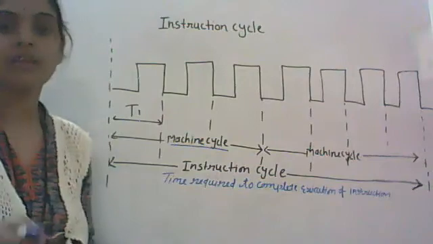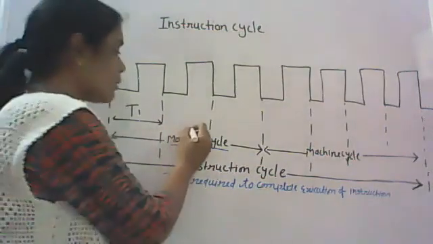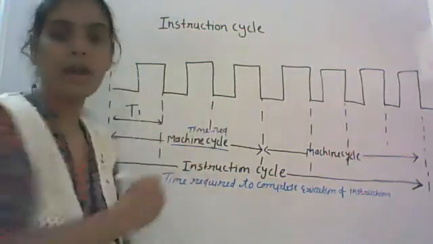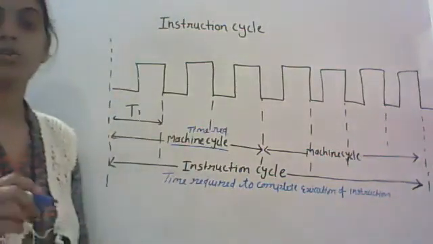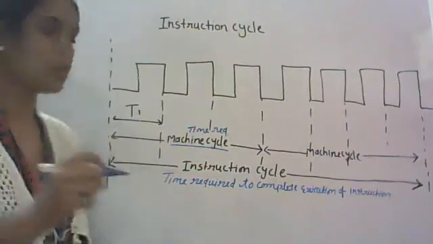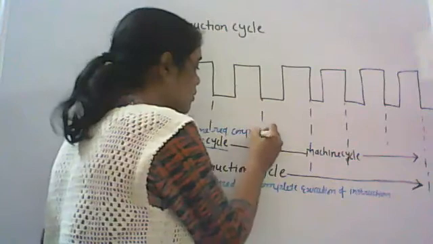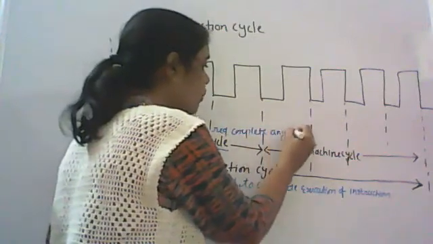So the machine cycle is defined as the time required to complete any operation.